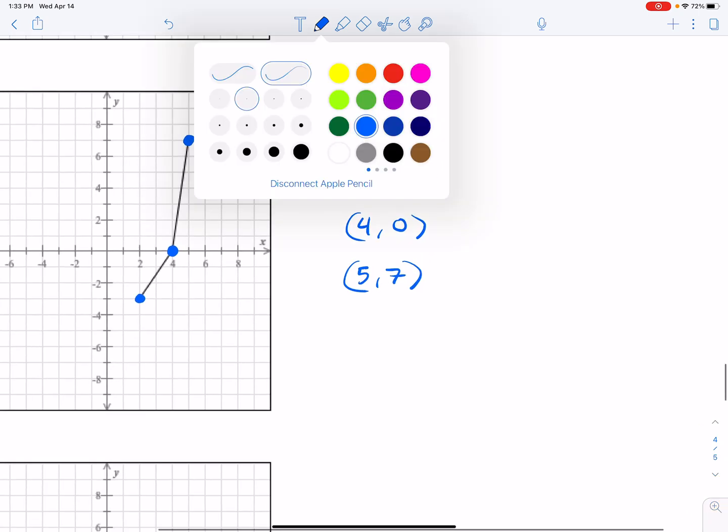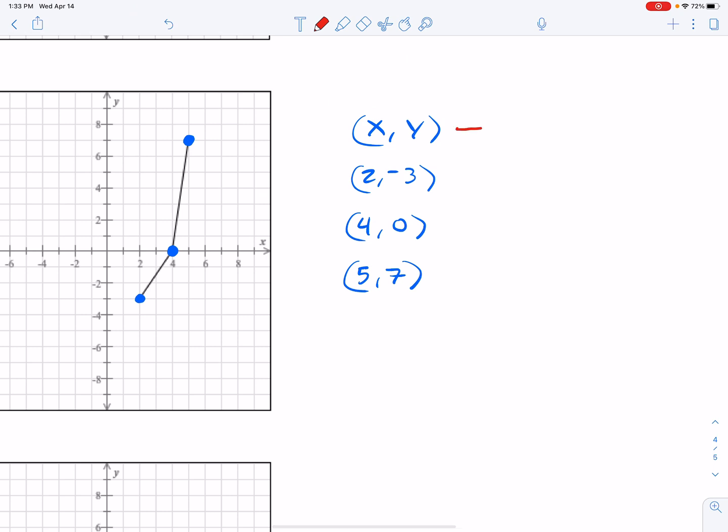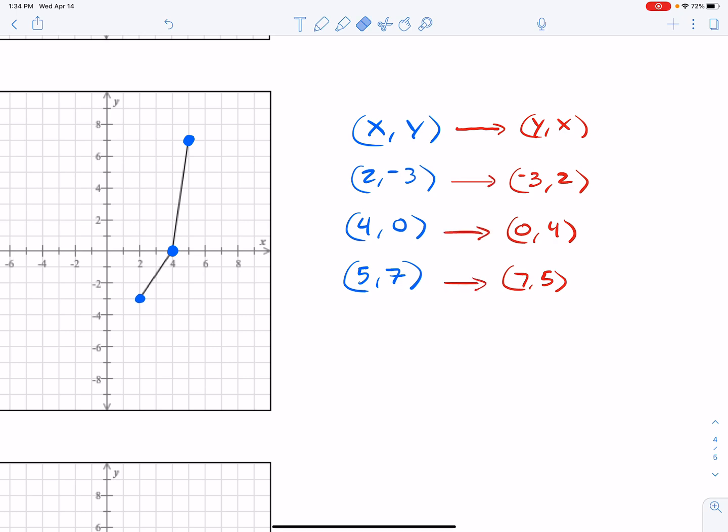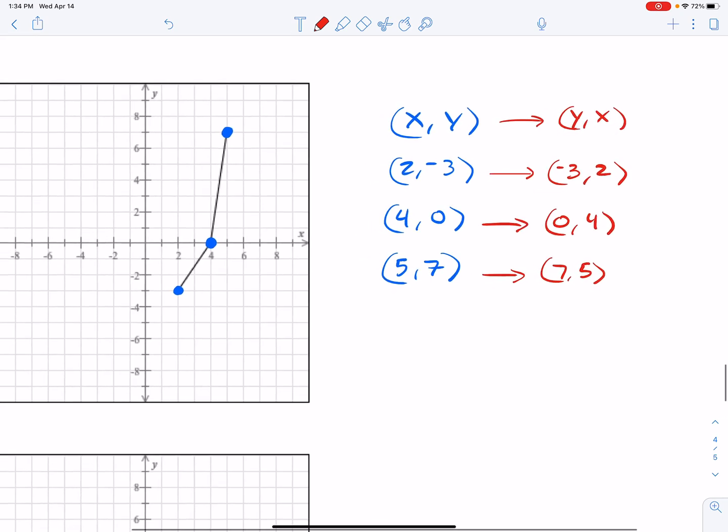Well, I want to take the inverse of those. So the inverse of x comma y is y comma x, right? So then I just need to put my y value first, 0 comma 4, and then 7 comma 5. Remember, I'm just reversing them. From there, we just plot those new coordinates.